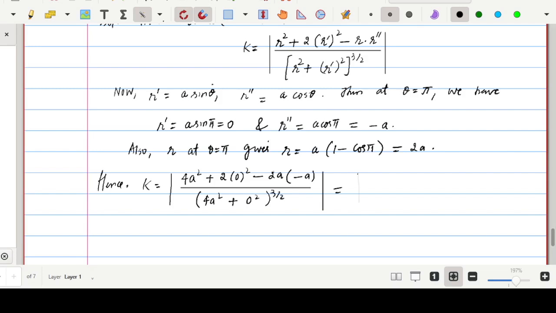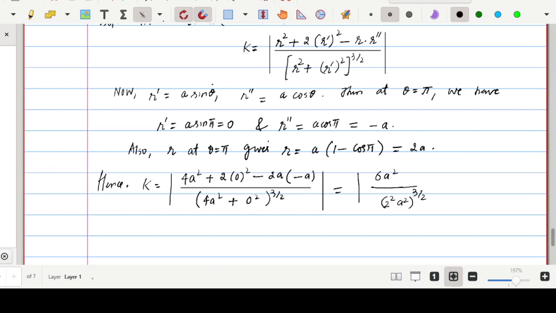Now let's simplify this. This is equal to 4a square plus 2a square, which is equal to 6a square, divided by, और नीचे है 4a square power 3/2, इसको हम ऐसे भी लिख सकते हैं, we can write 2 square a square power 3/2.